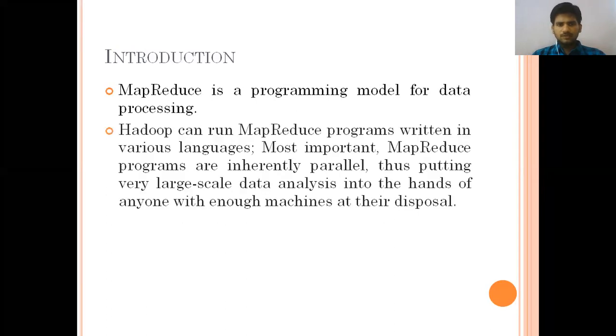Hadoop can run MapReduce programs written in various languages. Most important, MapReduce programs are inherently parallel, thus putting very large scale data analysis into the hands of anyone with enough machines at their disposal.